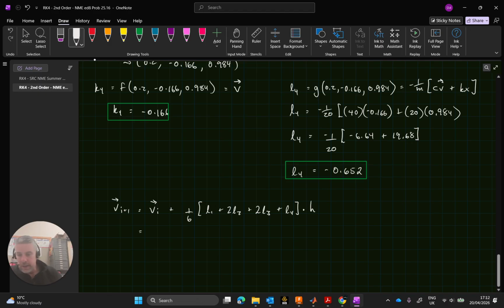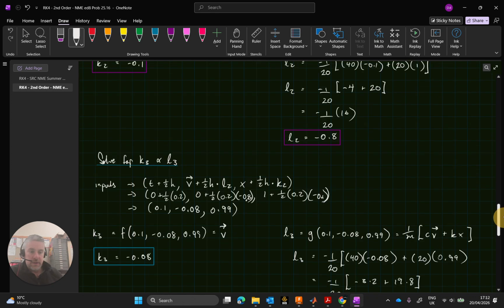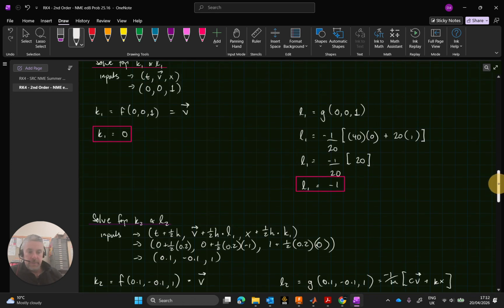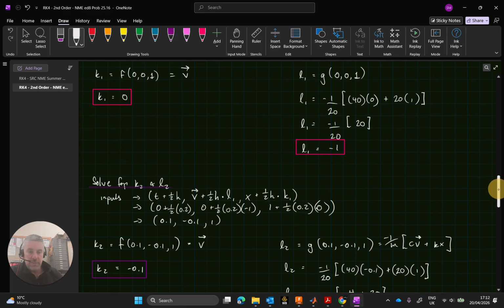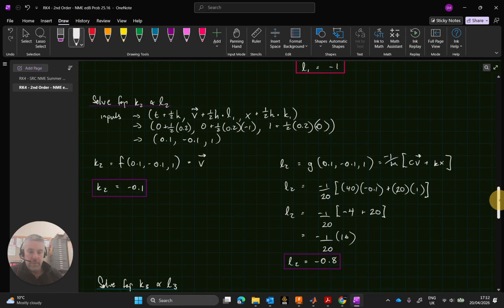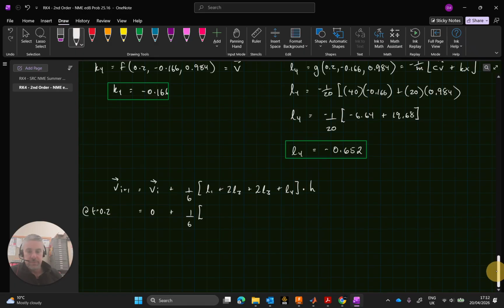So at, say, t is equal to 0.2, my first step size, V of I plus 1 is equal to what my current value was at t is equal to 0, which was 0, plus 1/6 of minus 1 for L1, minus 0.8 for L2.